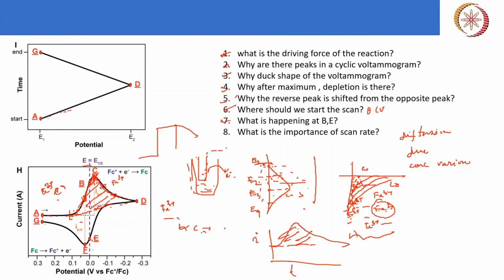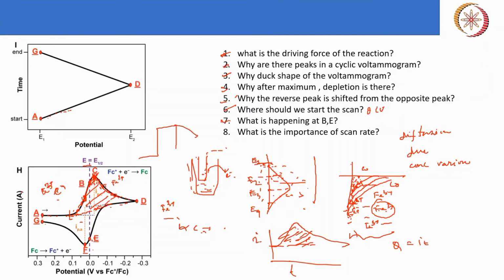If you take I versus t, we know that Q is equal to the integral of I dt. So in this area, you can get how much charge is required to reduce Fe3+ to Fe2+, that is, how much Fe3+ is converted to Fe2+. That information you can get from this area.